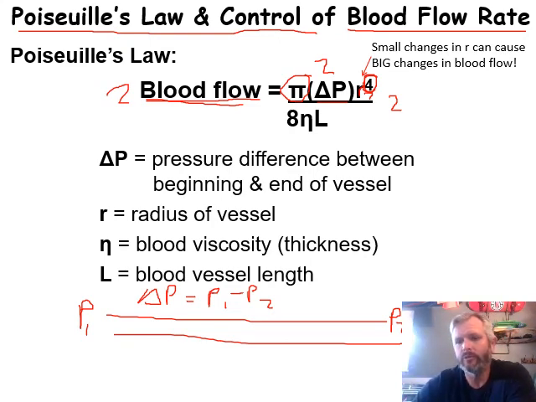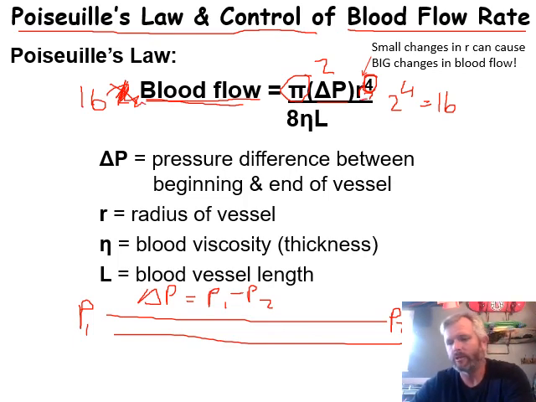Now we got 2 to the 4th power, which would equal 16. So blood flow would be 16 times greater with a doubling of the radius. So you can see the blood vessel diameter is going to be the biggest way in which we regulate the flow of blood. Okay, again, that's controlled by sympathetic nervous system, and also we'll see circulating levels of epinephrine.